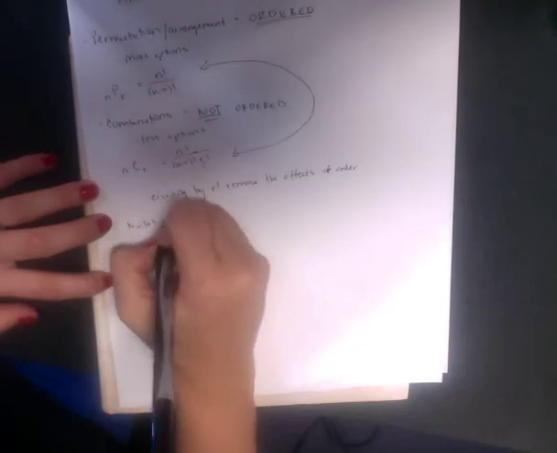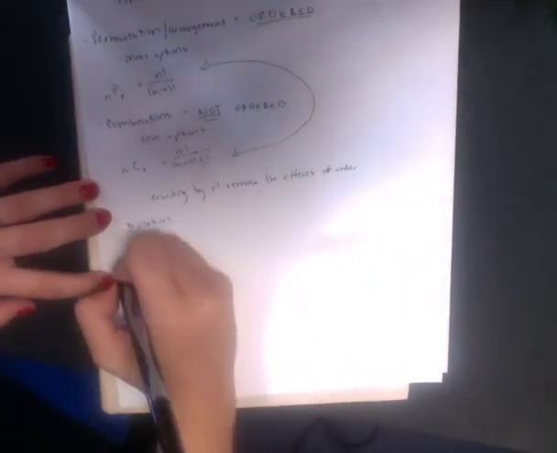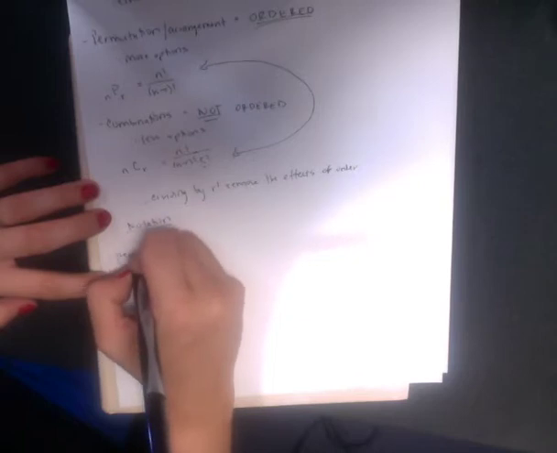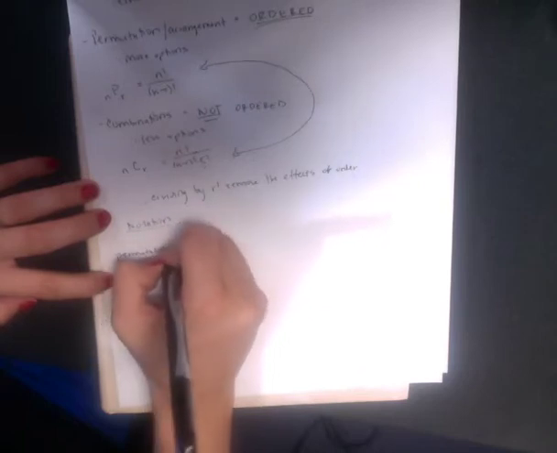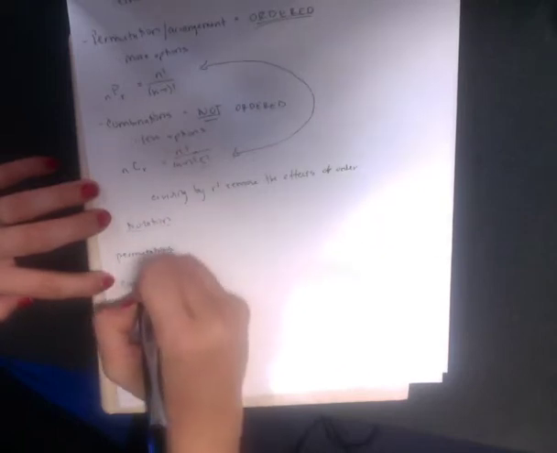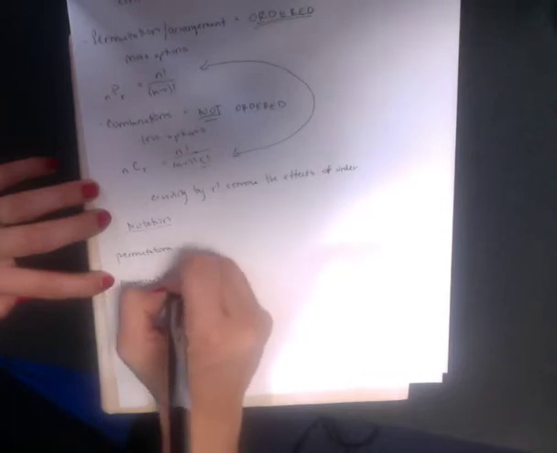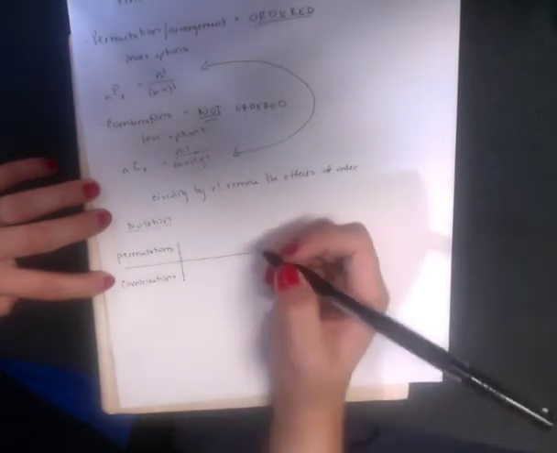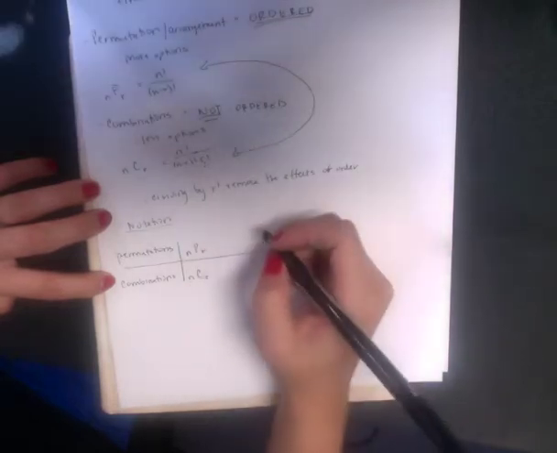Now, let's look at our notation. Okay, we have permutations versus combinations. Permutation, we have nPr, and combination, we have nCr.